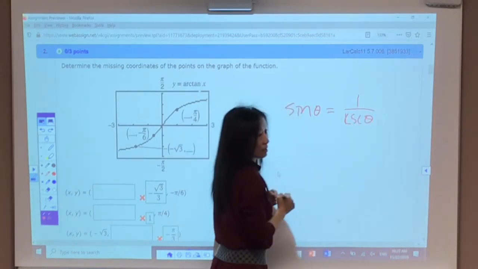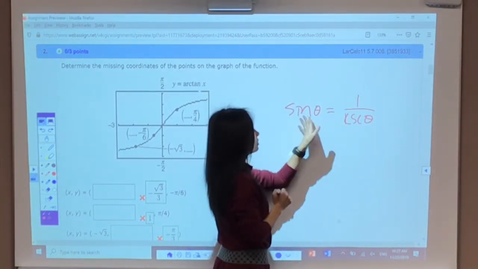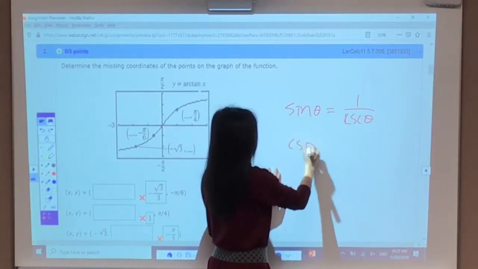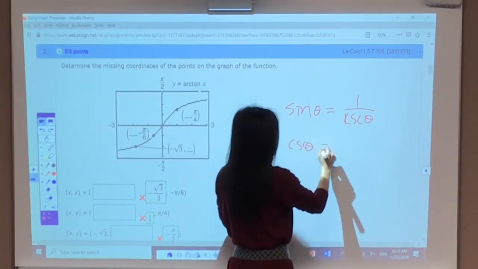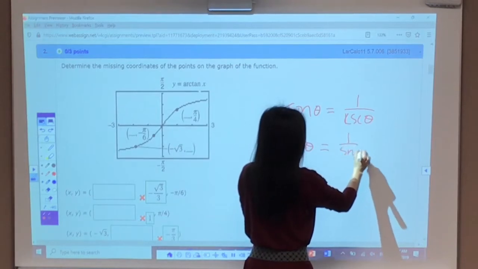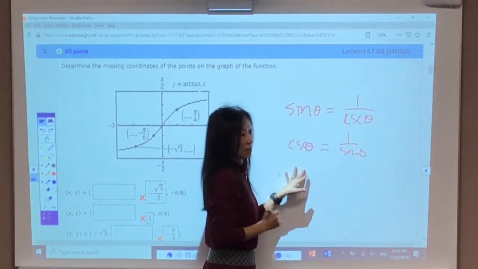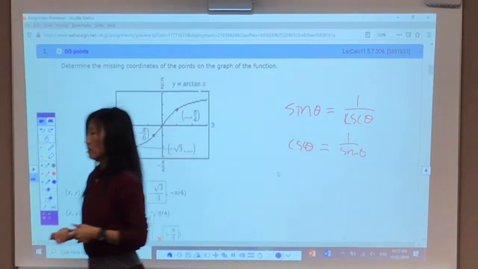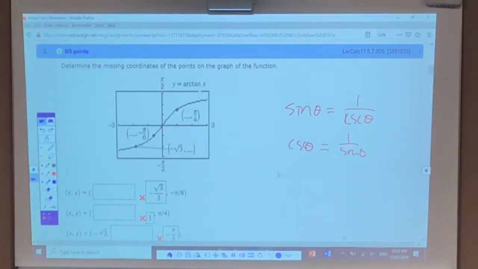Cosecant theta. So if you want to put in the cosecant, then it's the same as what? 1 over sine. That's what you have to plug in. Okay, so that is the relationship.